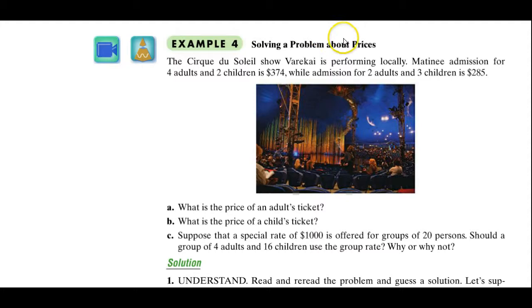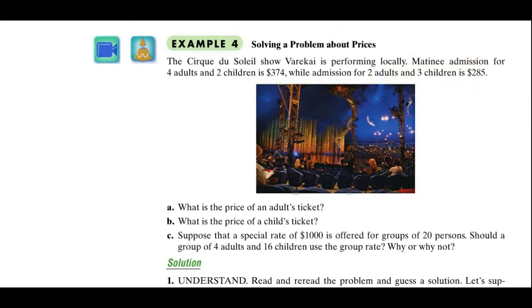Solving a problem about prices. Now, as we look at that, we see the Cirque du Soleil, a little kind of a French word here, is performing locally. Matinee admission for 4 adults and 2 children are this, while admission for 2 adults and 3 children are this.